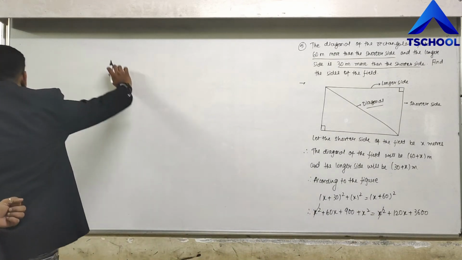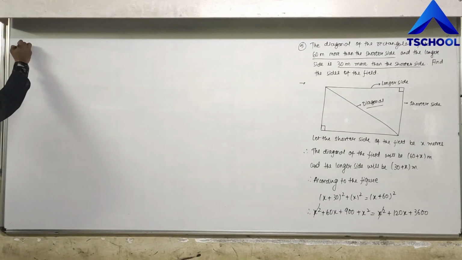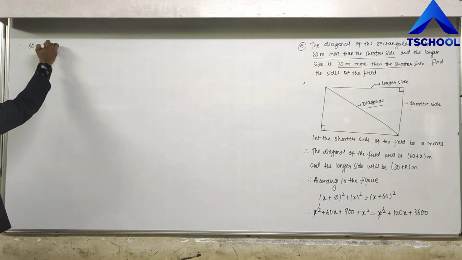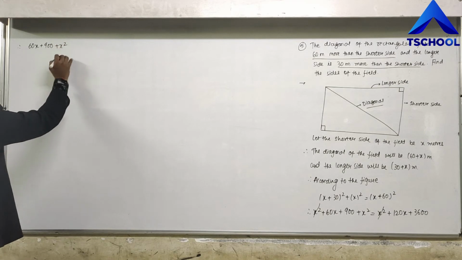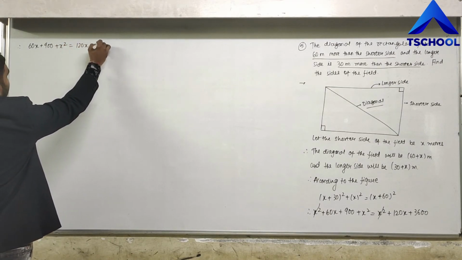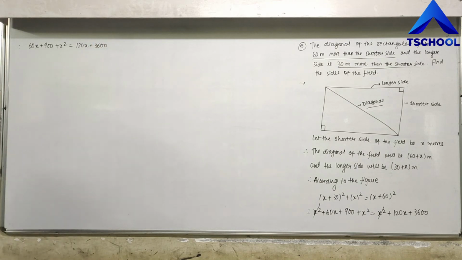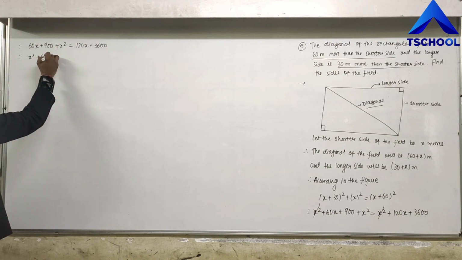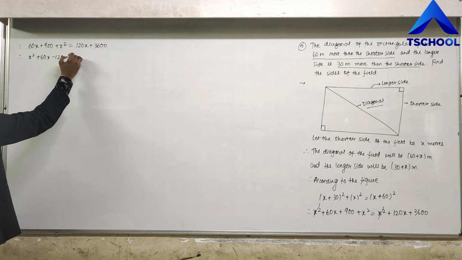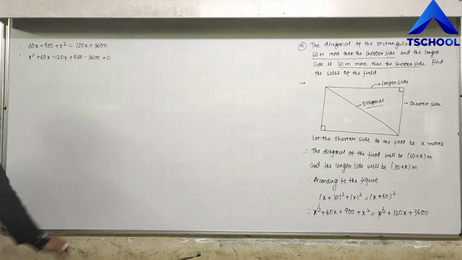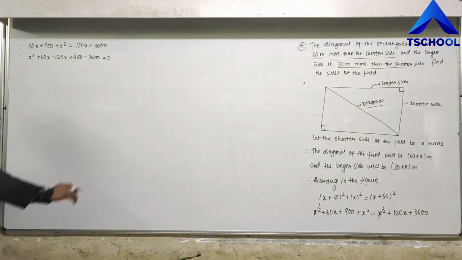That gives me again the remaining things, 60x plus 900 plus x square is equal to 120x plus 3600, right? We shall take these terms here and rearrange: x square plus 60x minus 120x plus 900 minus 3600 equal to 0, right?